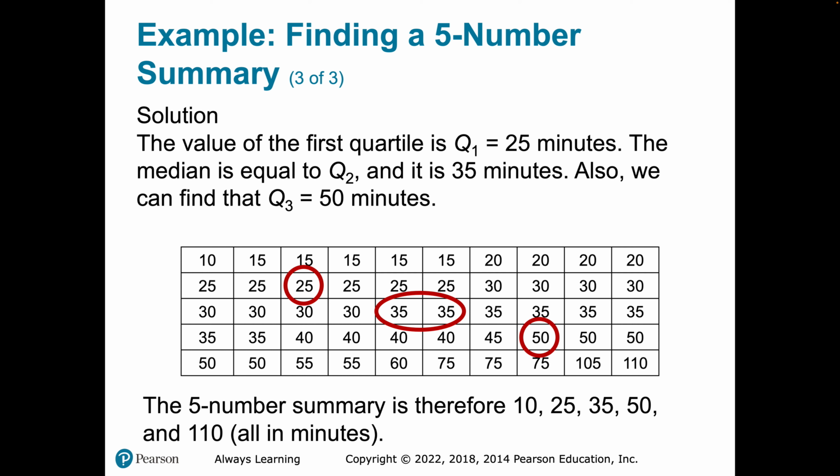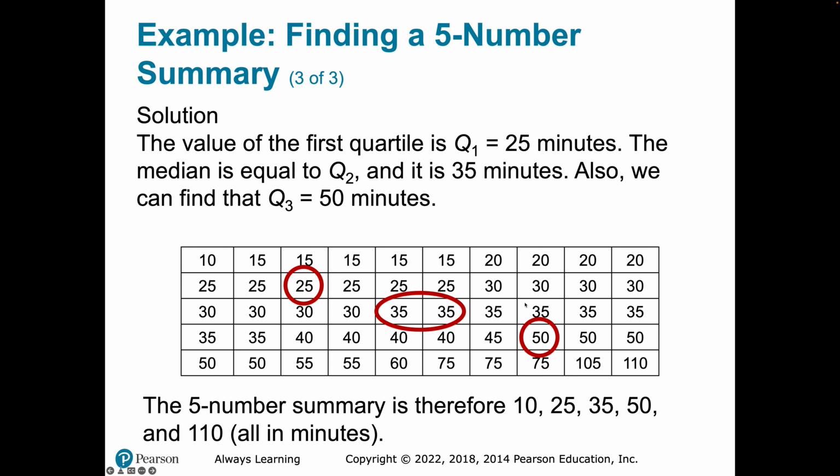The 25 is just Q1. It turns out to be the median of the data below the median. So if I take my 35 right here, all these numbers below, I find the median of those numbers, and it's 25.